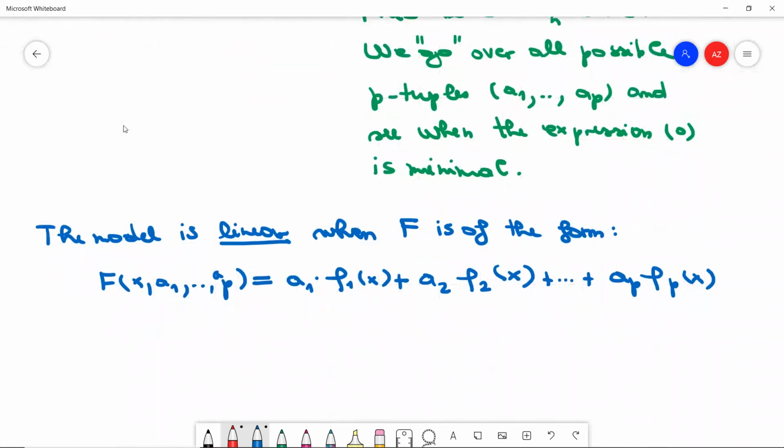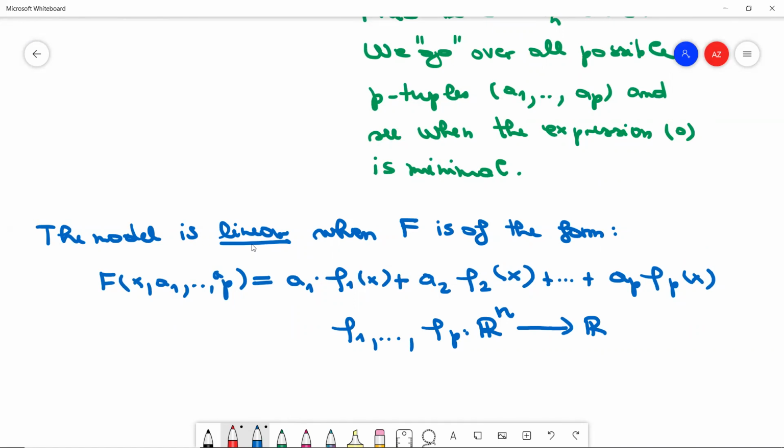Those functions phi1 up to phi p are some given functions which map x's into some values, because you remember, x's were n-tuples of real numbers. If you know what those phi's are, we have to have them determined, then each of these is just some number, some coefficient.